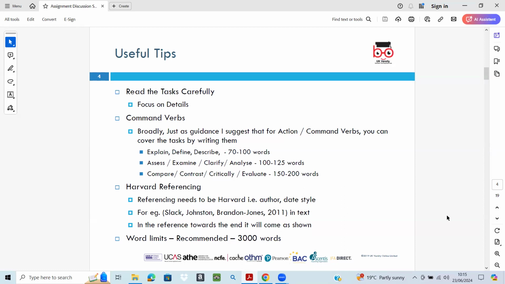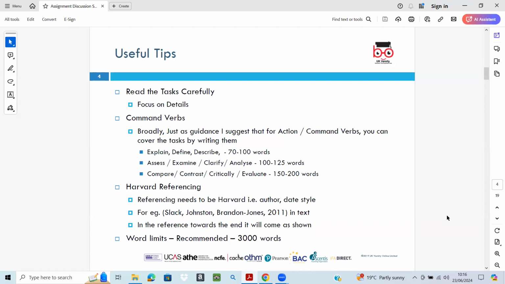So we'll go through it. The first one is to read the task carefully. So we need to carefully read through all the tasks and make sure we understand the requirements before starting the work. We need to pay attention to any specific instructions or guidelines provided to meet the task expectations.